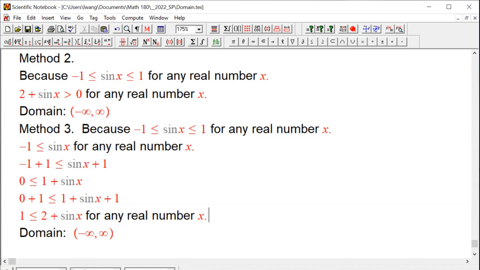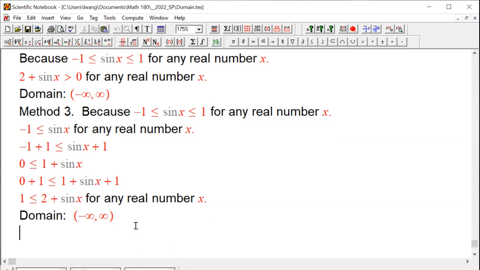Last but not least, now we make a dozen, right? This lesson is to identify the domain for this function. This will be an interesting function for you. We have the square root of (1 plus sine x) over (1 minus sine x).